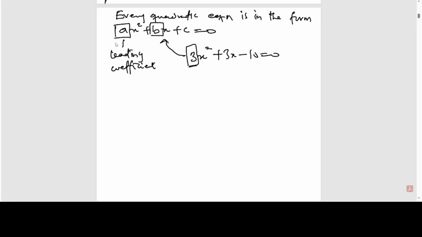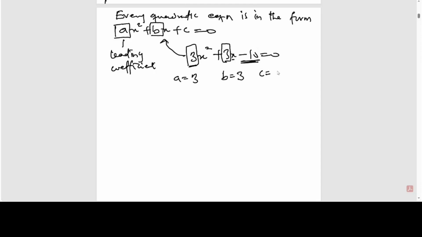So over here, a is the coefficient of x squared, so our a is equal to 3. b is the coefficient of x, so our b is 3, and then c is the remaining constant, which over here is negative 10.